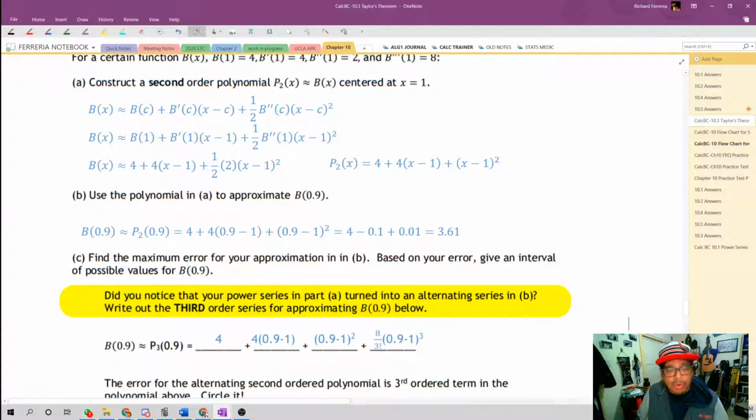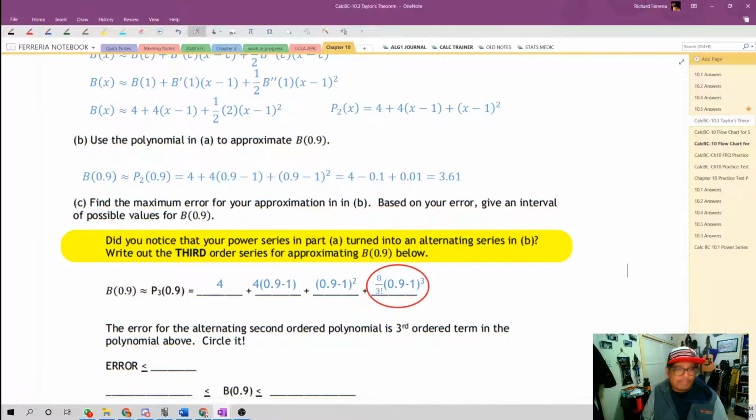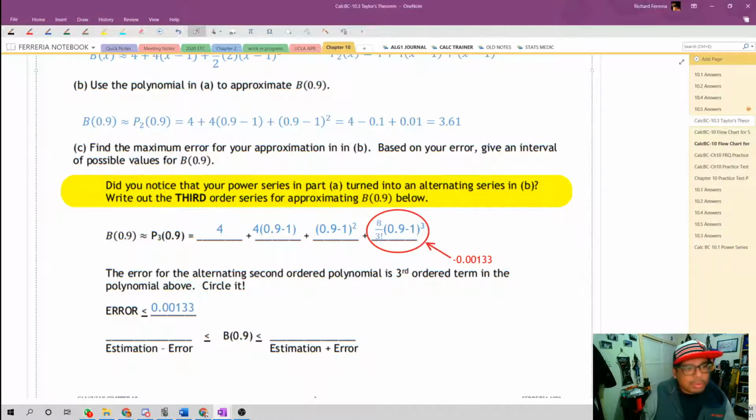Putting in that third ordered term gives me 8 over 3 factorial times 0.9 minus 1 cubed. So the error for the alternating second ordered polynomial is the third ordered term, the very term that we left off of the polynomial. In other words, this term. So the error is going to be 8 over 6 times negative 0.1 cubed. So that's 0.00133.